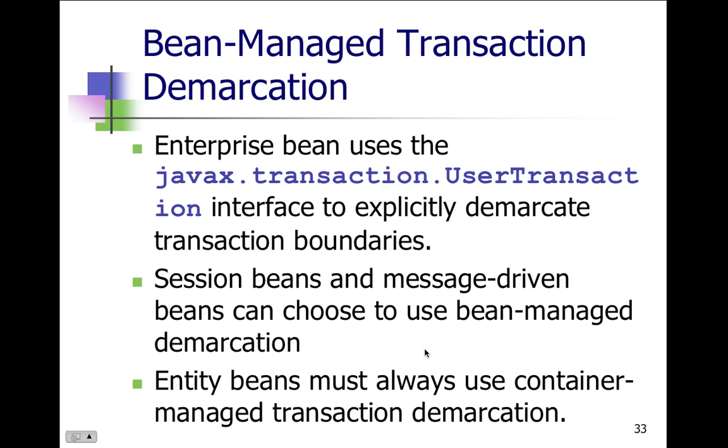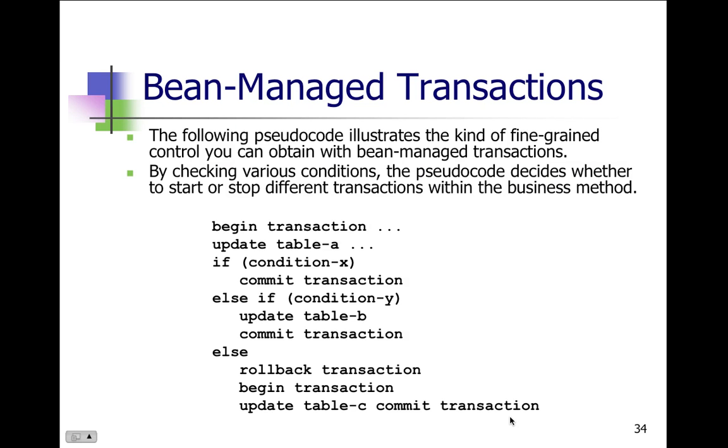And entity beans must always use container managed transaction demarcation. So entity beans are going to be a part of the servlet environment, and if you're going to load them all up together, then you're going to put them in a container.